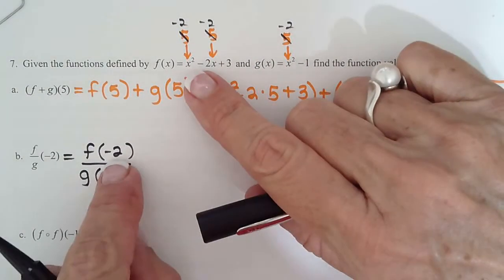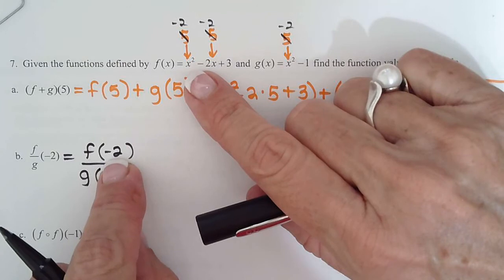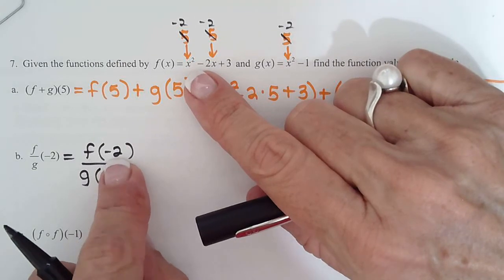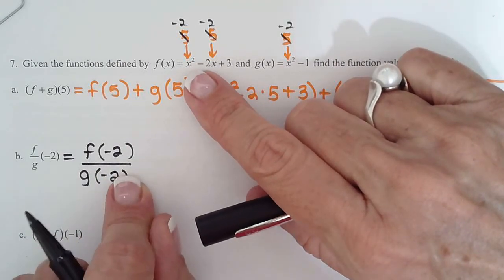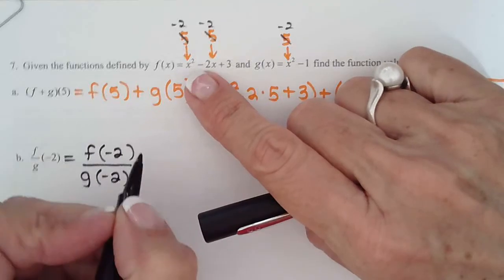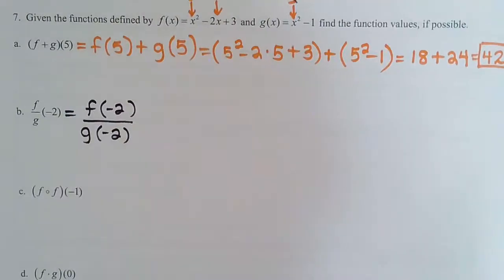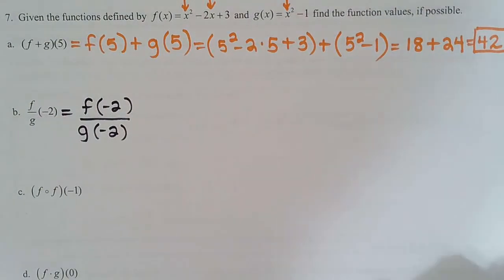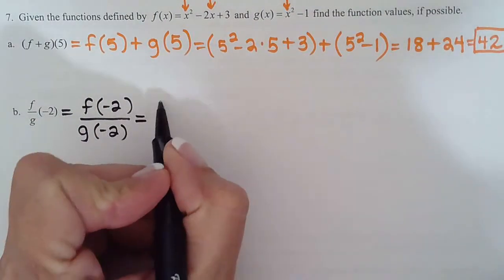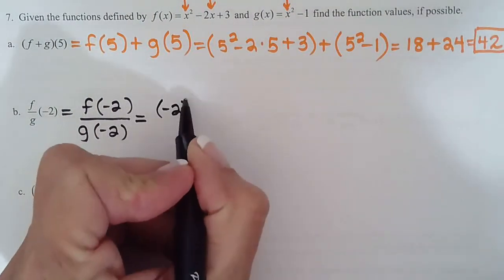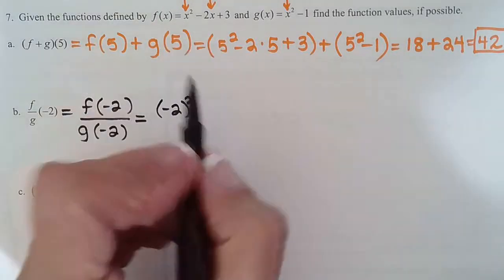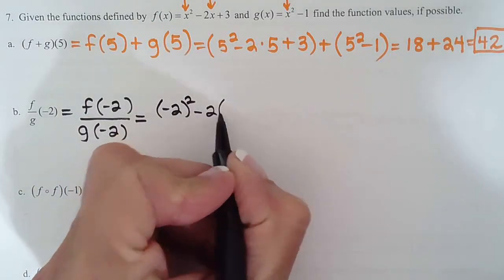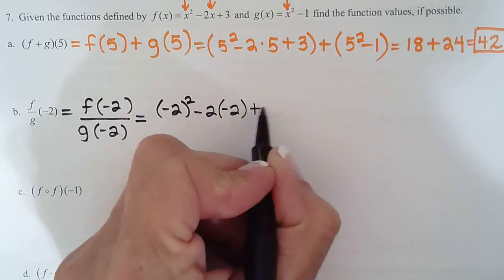And remember, when you plug in a negative, it has to be in parentheses, because if you use your calculator, it'll give you the wrong answer if you don't have parentheses. So this would be negative 2 squared minus 2 times negative 2 plus 3.